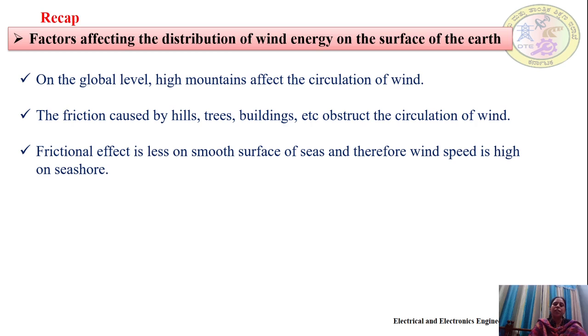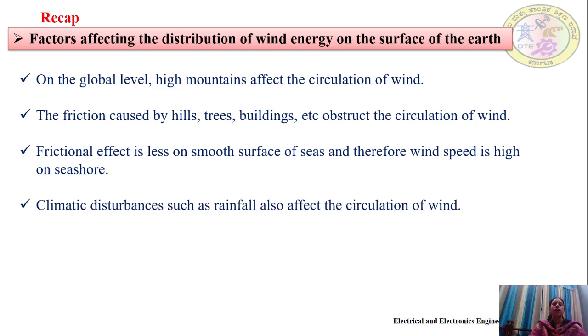Frictional effect is less on smooth surface of seas, and therefore wind speed is high on seashore. So that is why we can install the wind power plants on the seashore, because the velocity will be more on the smooth surfaces. Climatic disturbances such as rainfall also affect the circulation of wind.